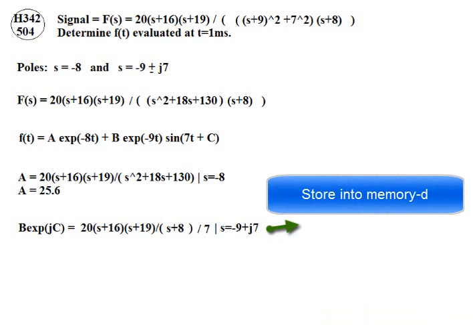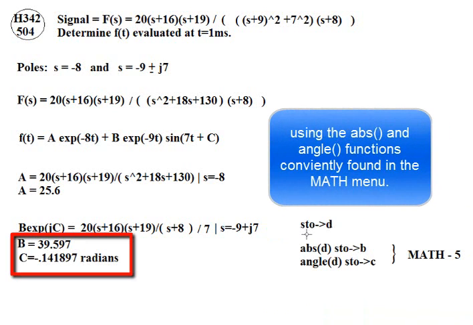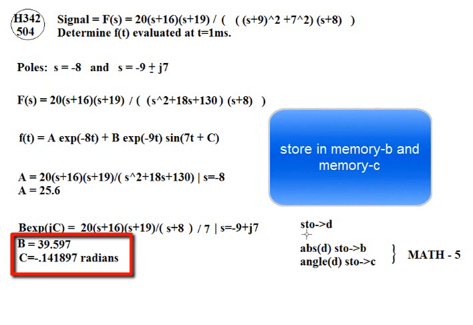Store into memory D. Then extract B and C from memory D using the absolute and angle functions conveniently found in the math menu. Store in memory B and memory C.